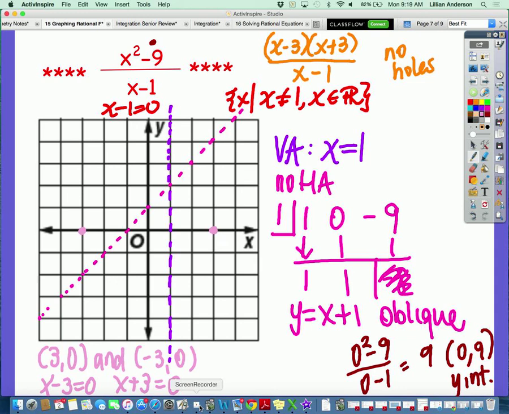Yes. Does everybody see where our two branches are? This one's actually visible to see. It's going to be right here crossing through this point of -3, 0 and crossing through my y-intercept of 0, 9. Does everybody see that one? Okay. It's going to get really close to this oblique asymptote and my vertical asymptote.